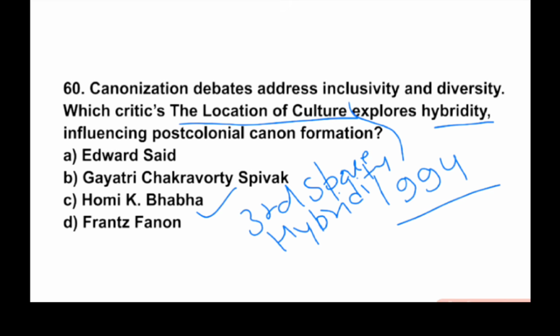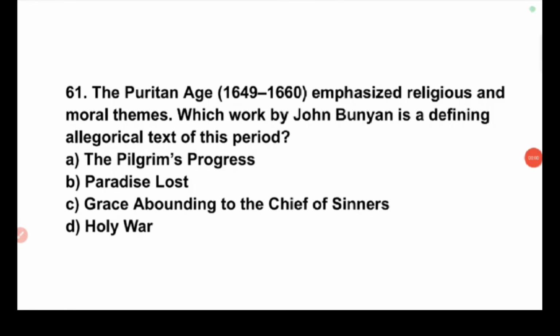Next question. The Puritan age, time period 1649 to 1660, emphasized religious and moral themes. Which work by John Bunyan is a defining allegorical text of this period?